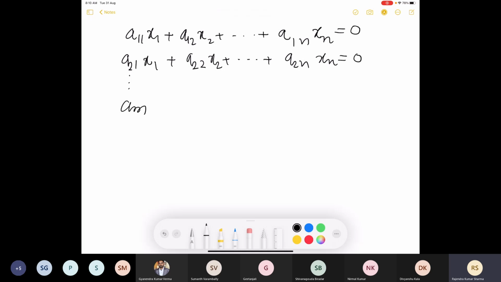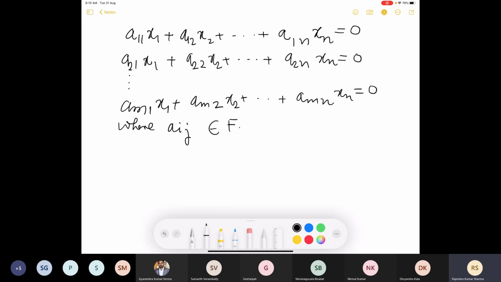So am1 x1 plus am2 x2 plus up to amn xn is 0, where the coefficients aij come from the field F. So there are m equations in n unknowns, such that ai1 x1 plus ai2 x2 plus up to ain xn is 0 for every i from 1 to m.